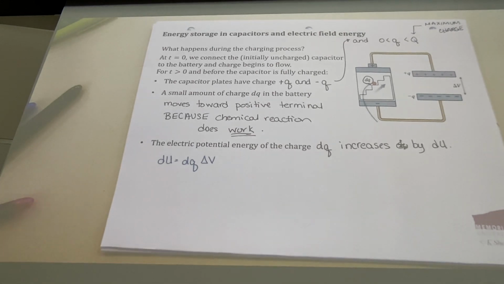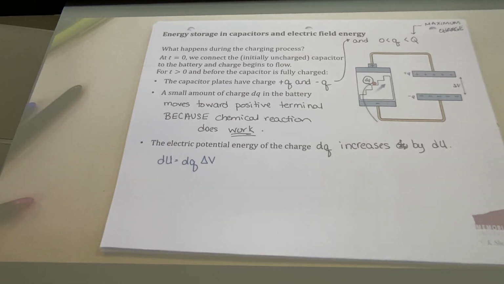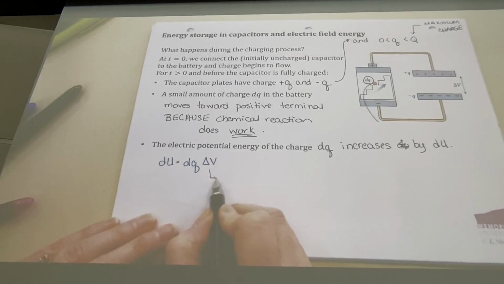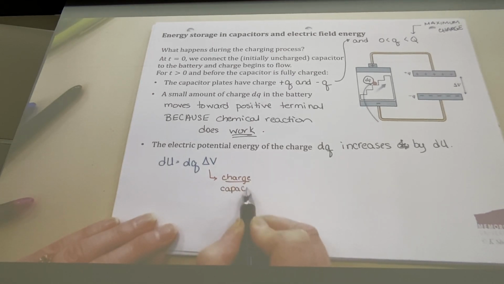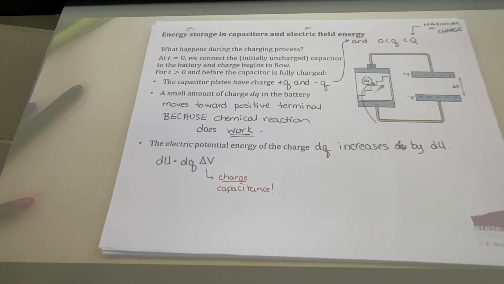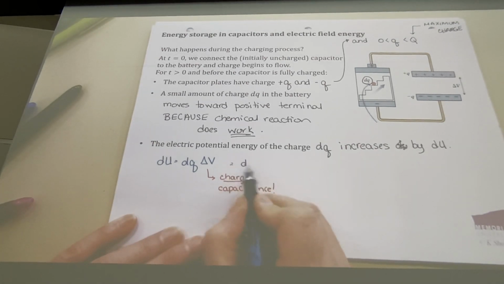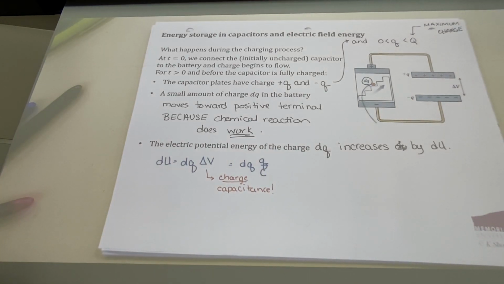Okay, this delta V, we can write down how that's related to the capacitance, because now we know that potential difference is charge divided by capacitance. So that's a result we've been working with for a little while. So we've got dq, the amount of charge is q, and the capacitance is C. So there's an expression for that little increase in potential energy.